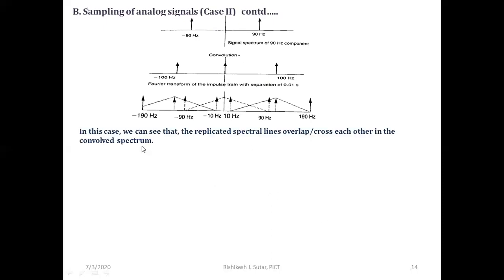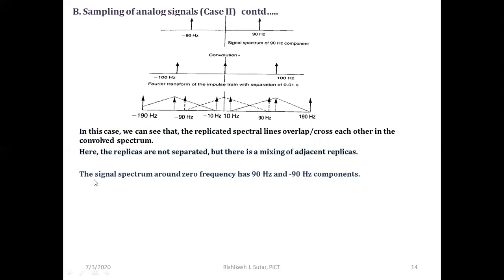So in the second case, we can see that the replicated spectral lines overlap with each other in a converged spectrum. So the replicas are not separated, but there is a mixing of adjacent replicas. The signal spectrum around zero frequency has 90 Hz and -90 Hz components.